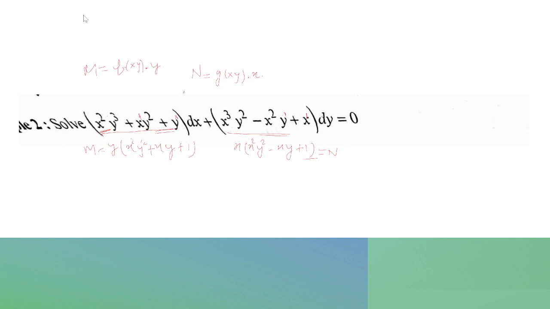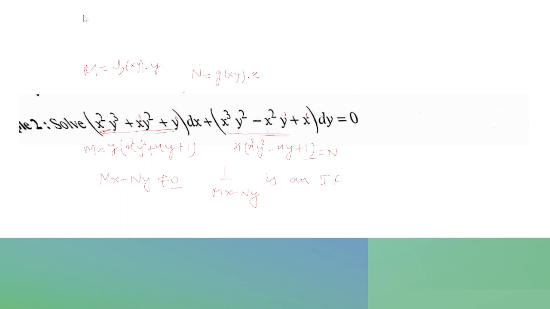So we can apply our integrating factor formula, that if Mx minus Ny is not equal to 0, then 1 by (Mx minus Ny) is an integrating factor. And if Mx minus Ny is equal to 0, then the equation would be exact.